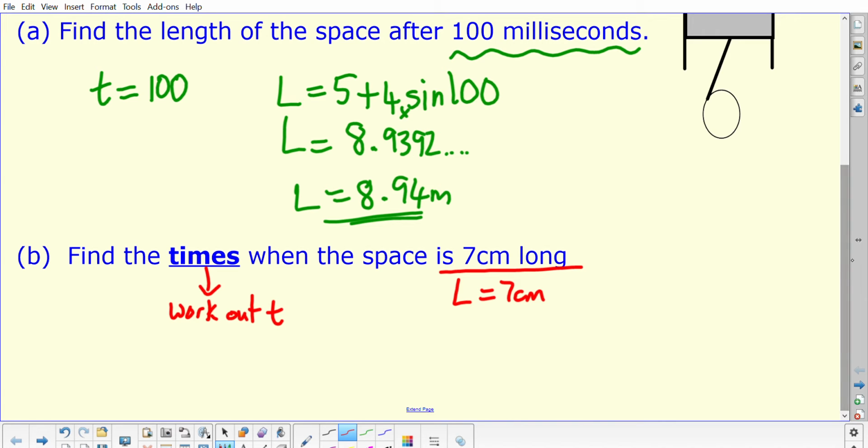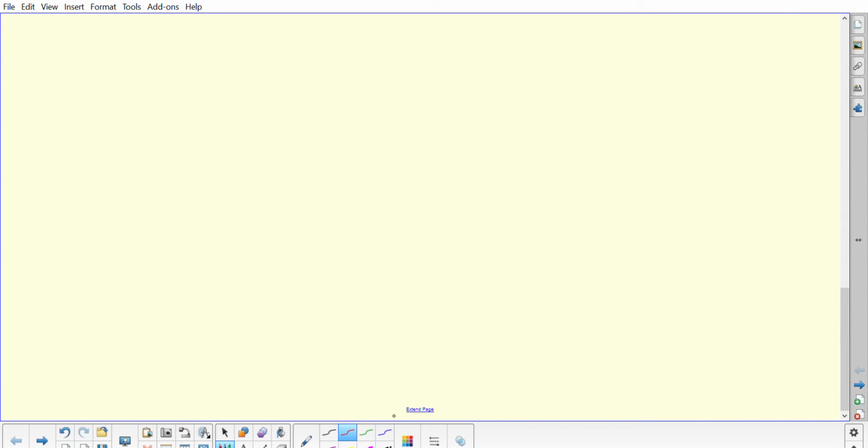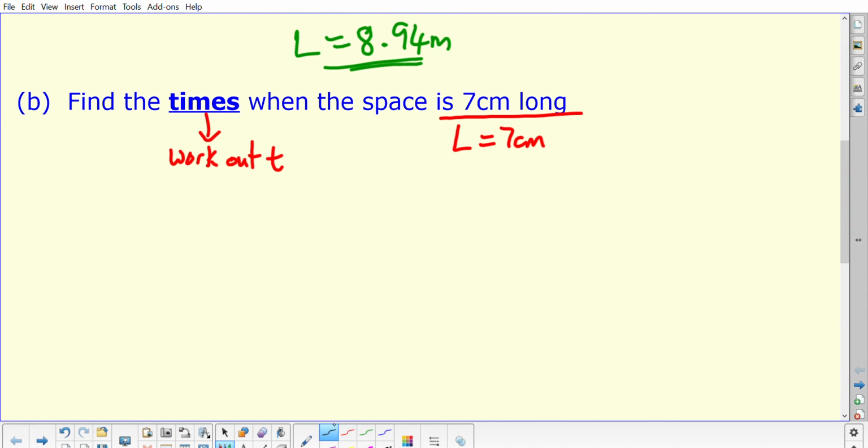So basically what you do with this is you take your equation expression. So in this case, our expression is L equals 5 plus 4 sine t. So now we know what this length is, and what we're trying to do is work out what the t is.